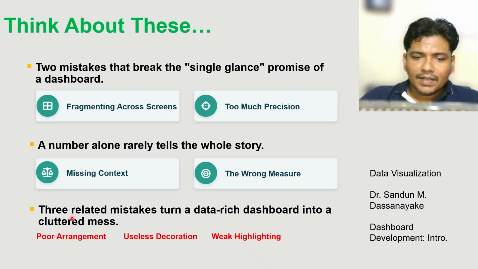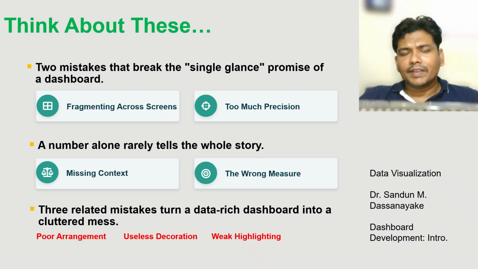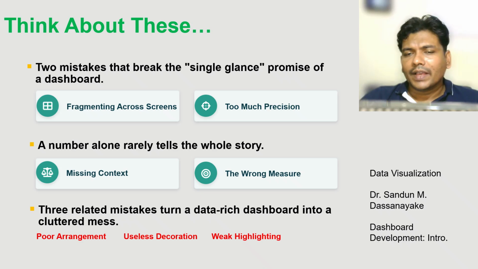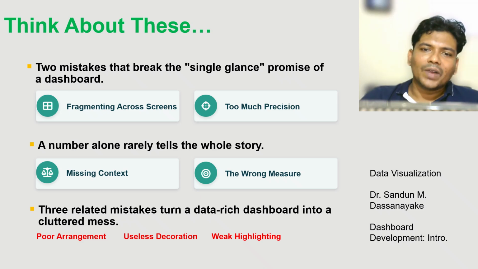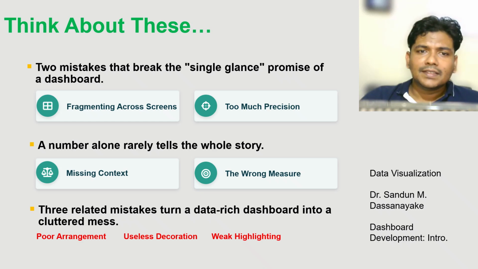The last three mistakes are about organization. Poor arrangement is common. Few mentions dashboards where the most important spot, the top left, is taken up by a logo and navigation buttons instead of data. Weak highlighting is another issue. If everything is bold and colorful, nothing stands out and viewers do not know where to look.